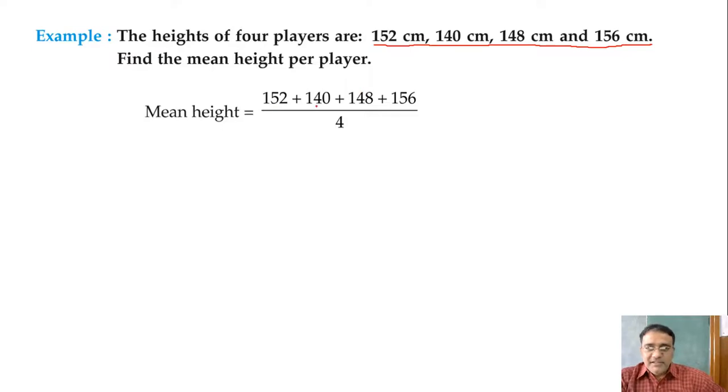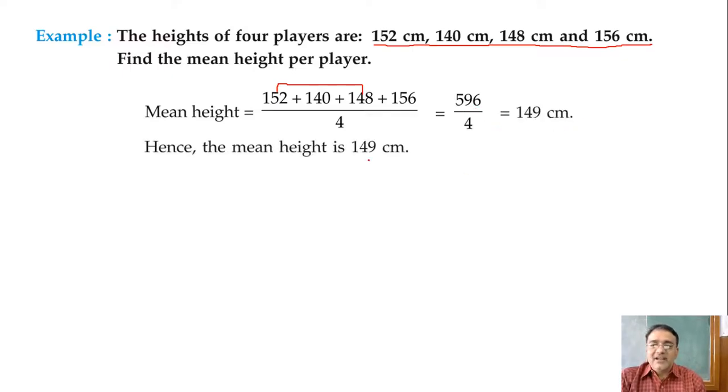If you add all these 4 numbers, we will get, ये 300 आ रहा है, देखो 300, 440, 596. Okay, by 4. So it will give, not approximately, correct, 149 centimeters. So this is the required mean height of the 4 players.